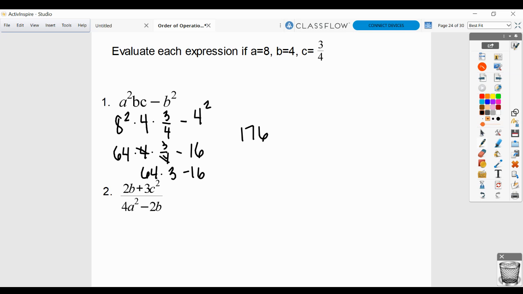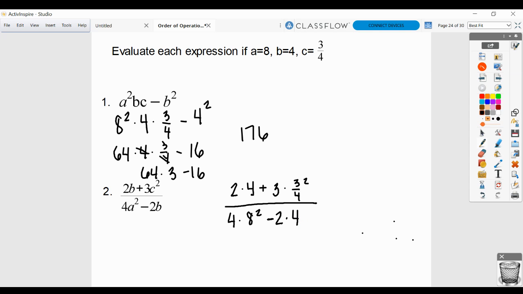Okay, the other problem, we would have (2 times 4 plus 3 times (3/4) squared) over (4 times 8 squared minus 2 times 4).